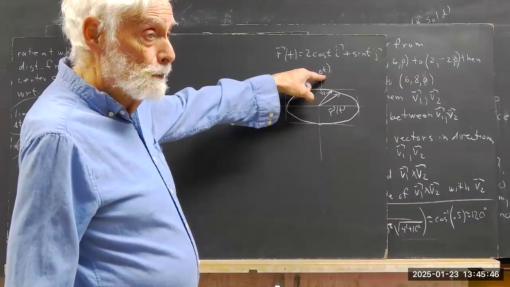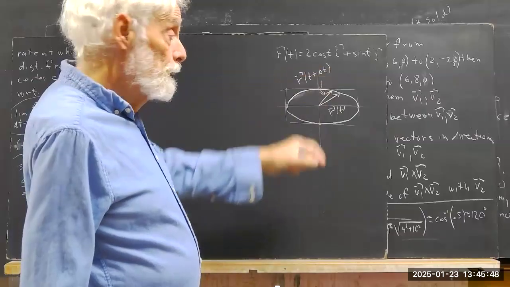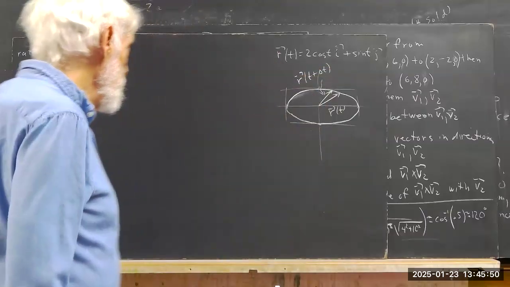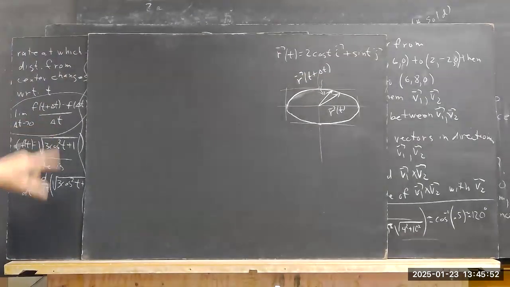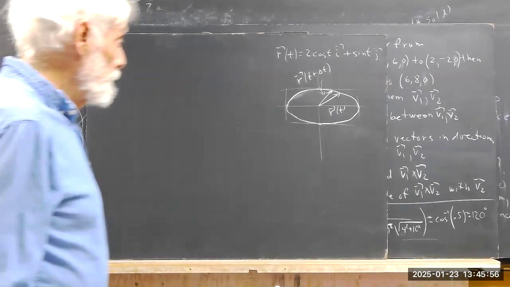But in this context, we'll regard it as a small quantity because we're going to be taking a limit as delta T goes to 0, as we do with derivatives.